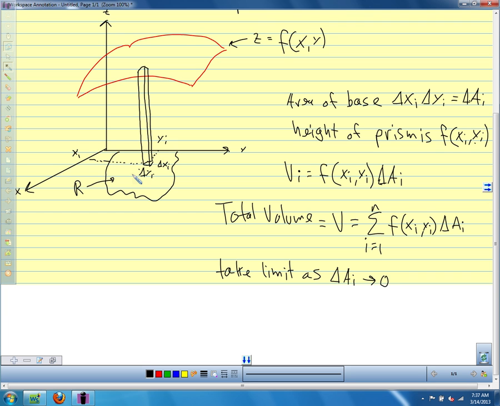But really what we want to do, we're interpreting this as a volume. What we're working towards is defining a double integral. And then we're going to use double integrals for other things as well. Okay? All right, so with this idea, we're going to take the limit as delta A sub i approaches 0. That's going to be our definition of a double integral.